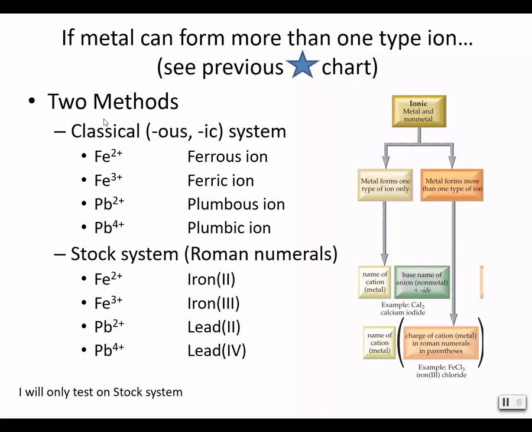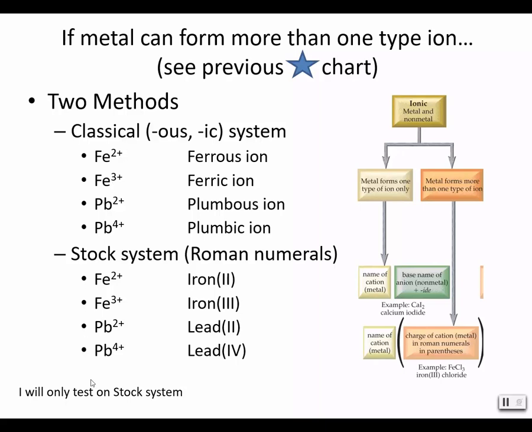In the classical system, if you have a metal that can form more than one type of ion, then you designate the charge on that ion by either using an OUS or an IC on the end of that metal's classical name. So you see that, at least with regards to iron and lead, the OUS ending is for the ion with the smaller charge. IC is for the ion with the larger charge.